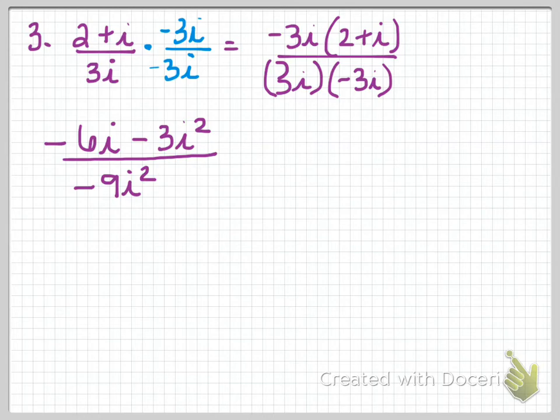So, because negative 1 equals i squared, we can simplify this to negative 6i plus 3 over positive 9.